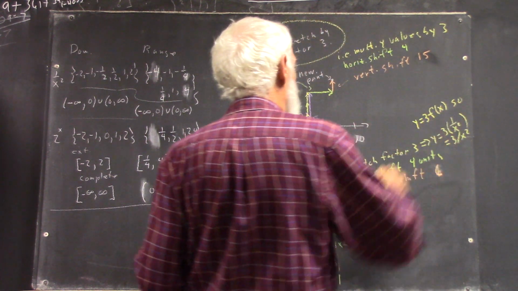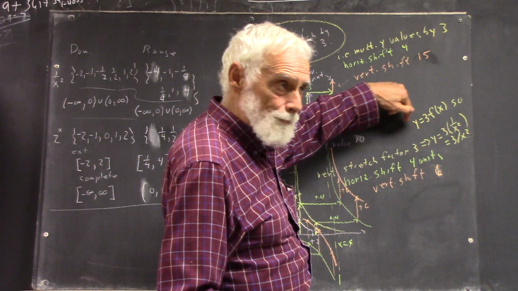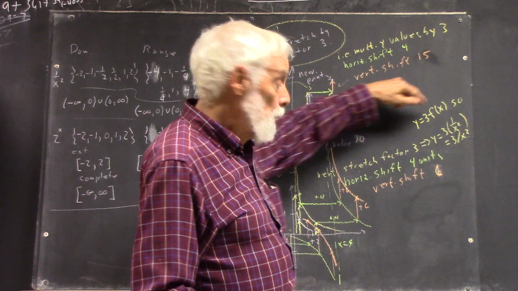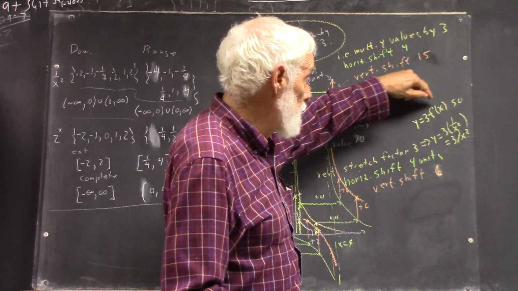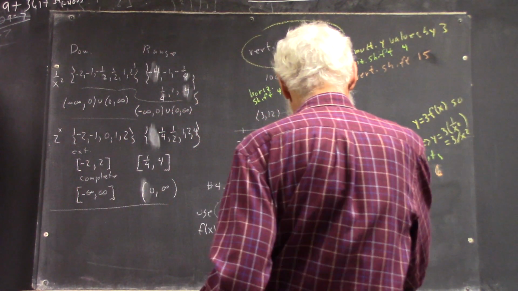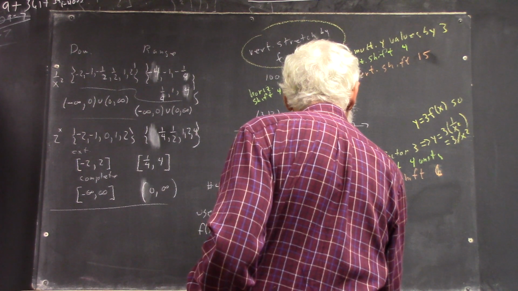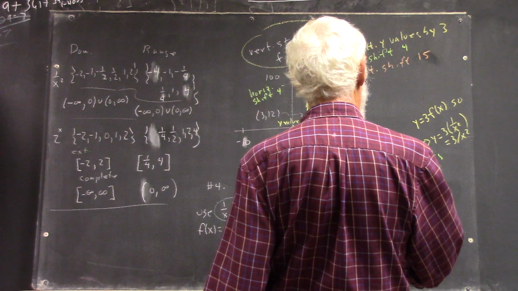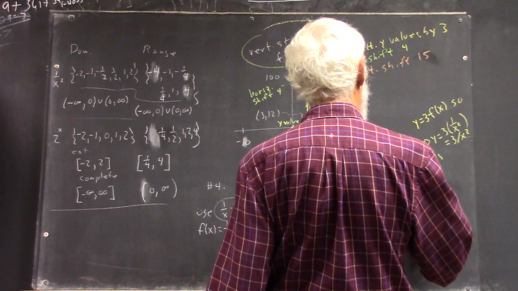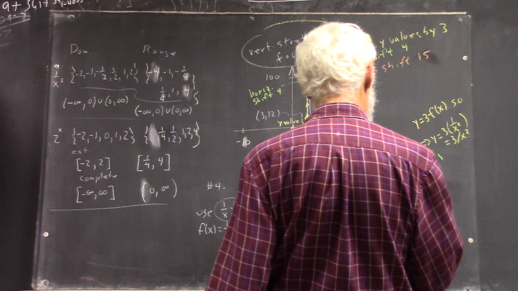Y is 3f of x. When you do vertical stretch by factor 3, you're multiplying the y values of f of x by 3, right? F of x is the y value of this function. If you multiply that by 3, you get the vertical stretch. So when you do the horizontal shift, you get y equals 3f of x minus h, where h is the horizontal shift.